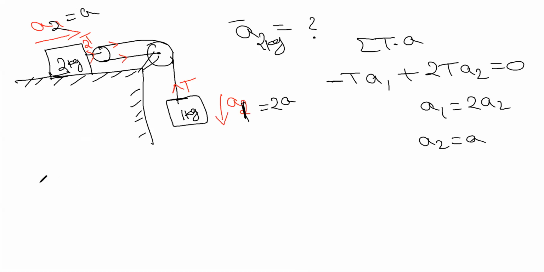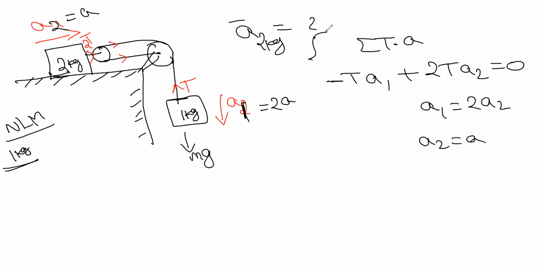Newton's laws of motion equations for the 1 kg block. Now we have two bodies, right? 1 kg and 2 kg. For 1 kg, we have downwards mg.